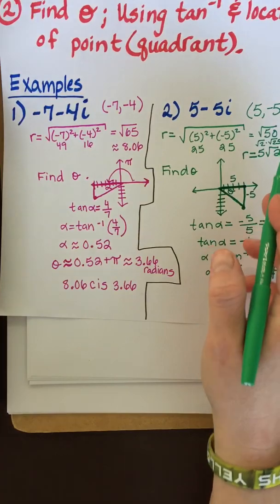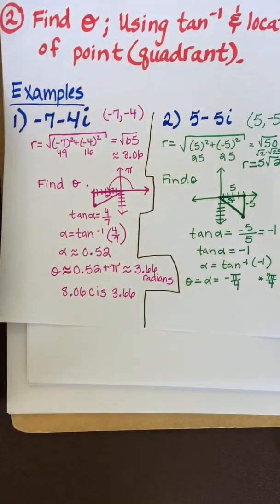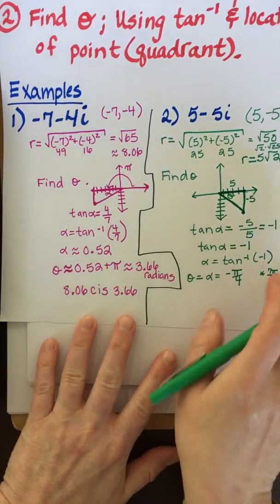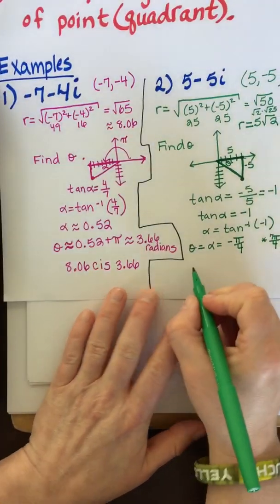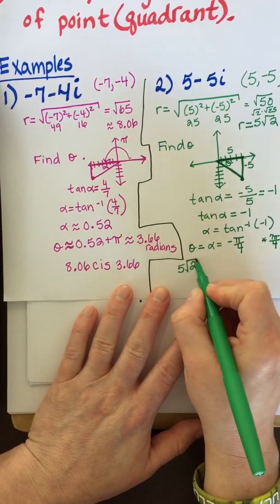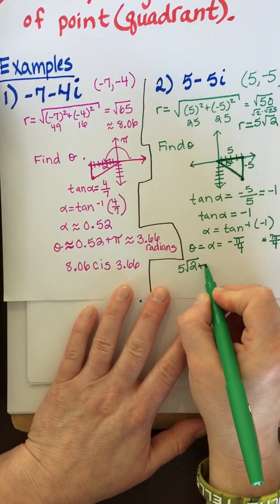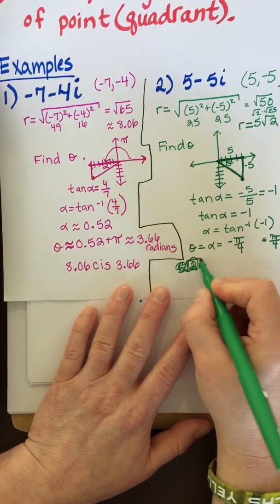All right, so we got R, and we got alpha, which in this case is also theta because it's attached to this positive x-axis. So I am ready to go. So it will be R, so 5 times the square root of 2, and then plus, nope, let me try that again.